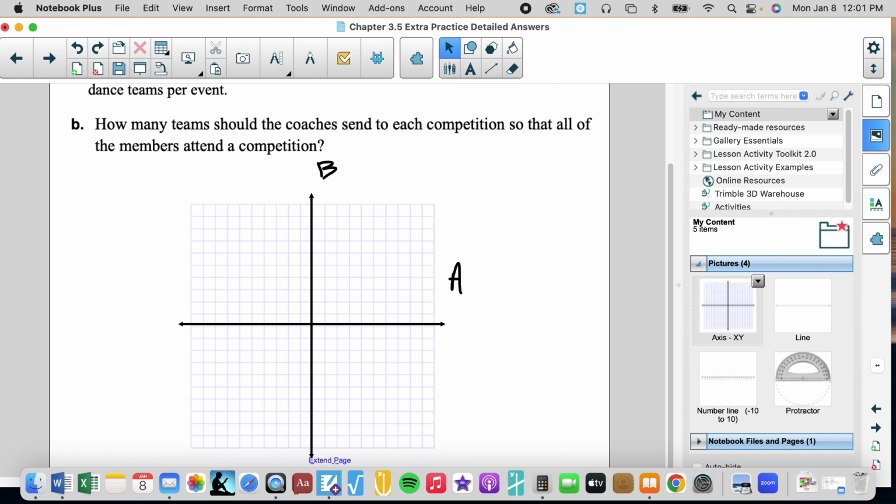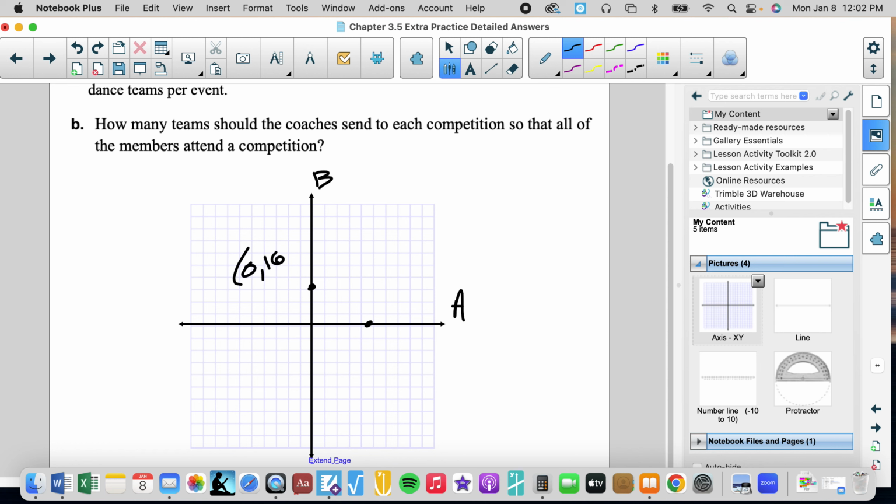So can we go by fives? 5, 10, 15, 20, 25. Those are the intercepts. So that is 0, 16, and remember, B is 6-member teams and A is 4-member teams. And this is going to be 24, 0. So we would find something in between there.